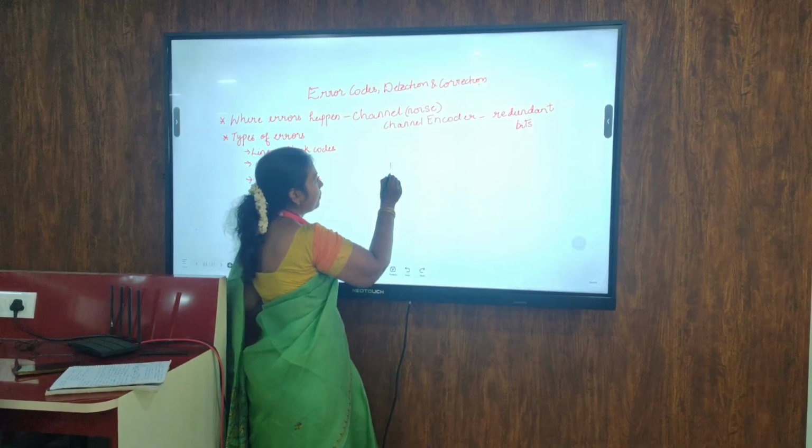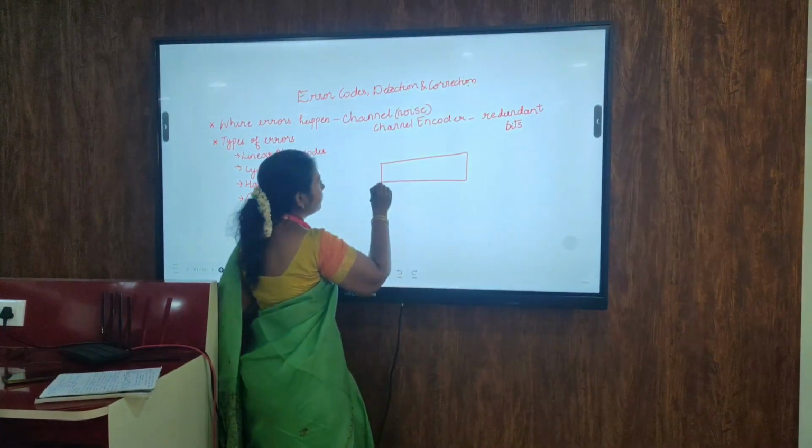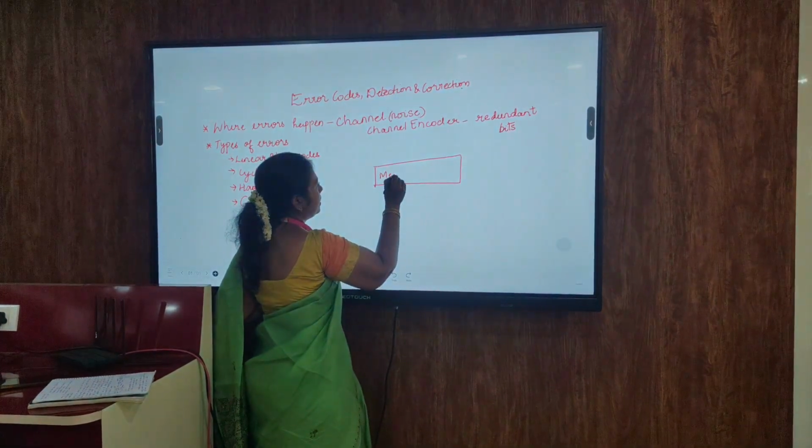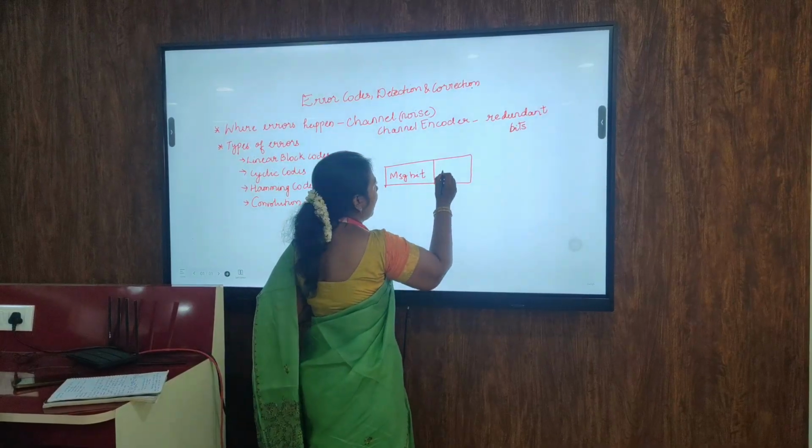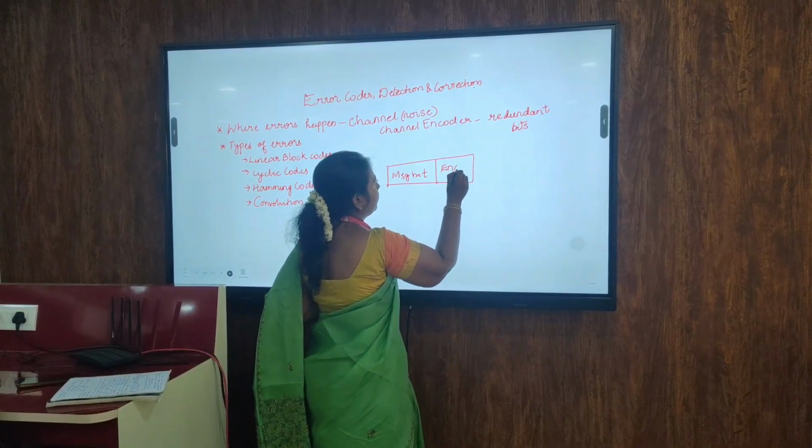For example, we have the message bits and then we have the encoded data.